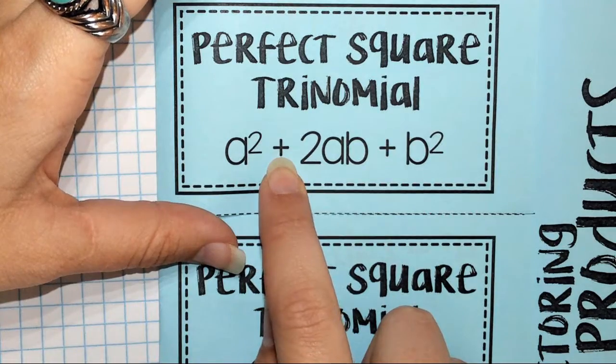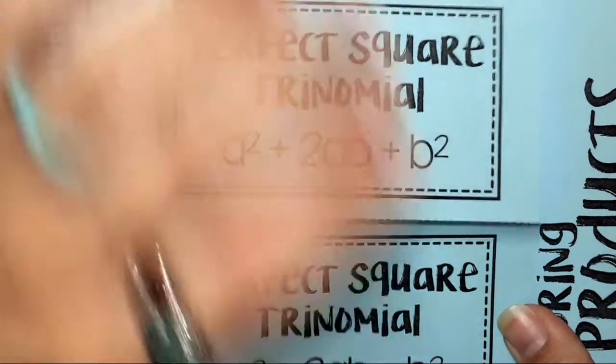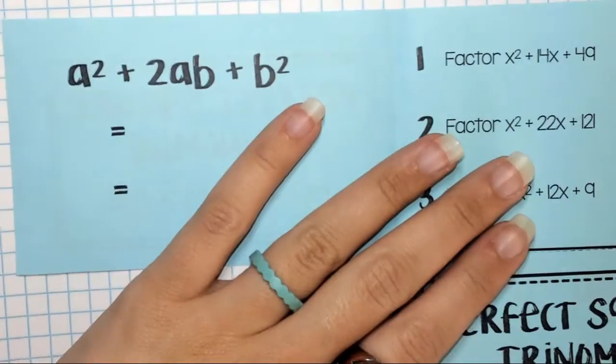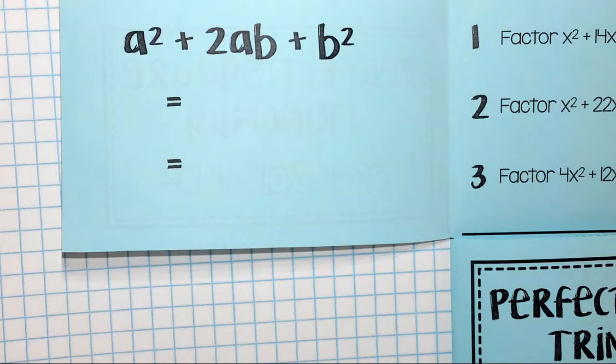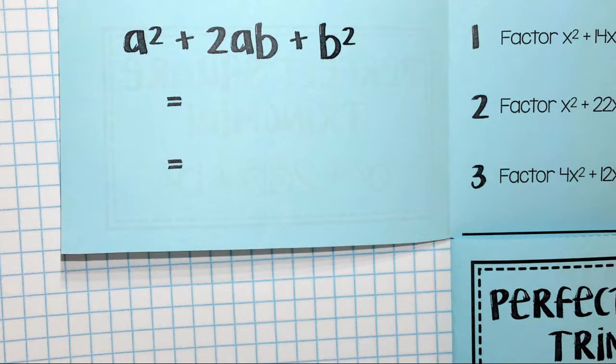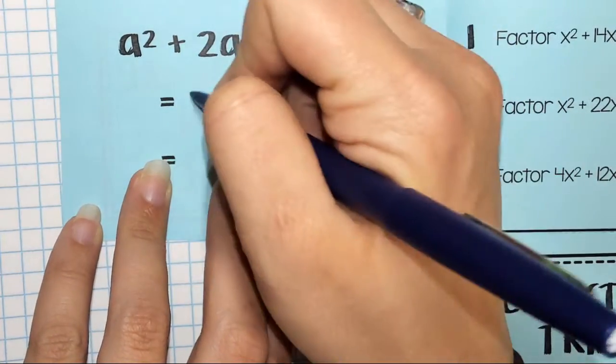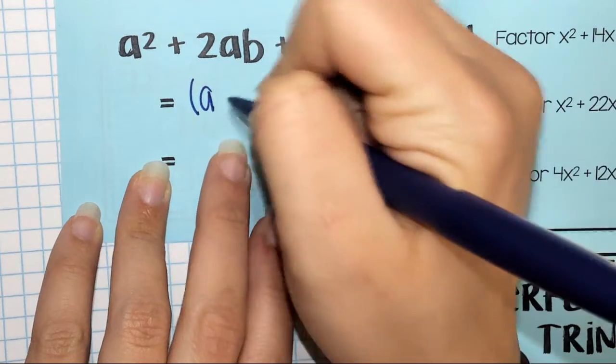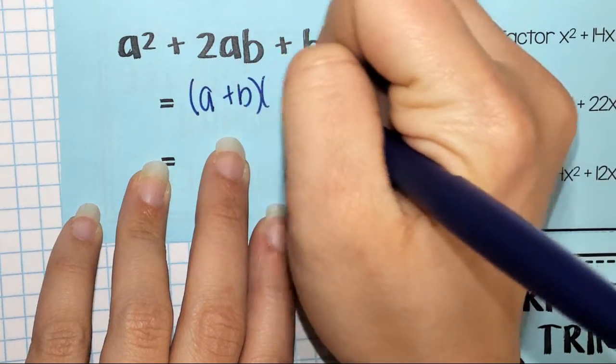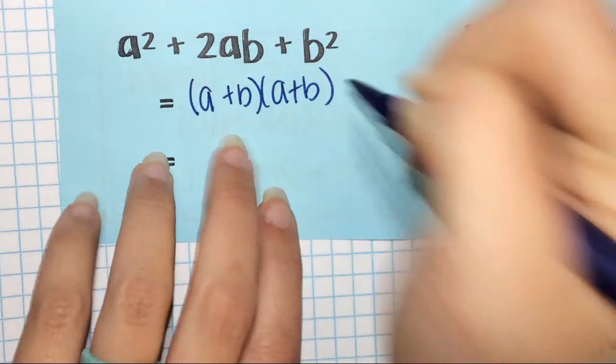So the first one we're going to do is when we have two signs that are adding. All you have to do is take the square root of the first term, take the square root of the last term, and then you need two of those.